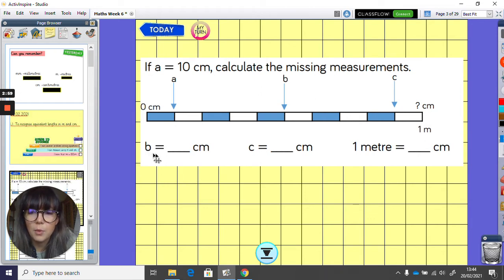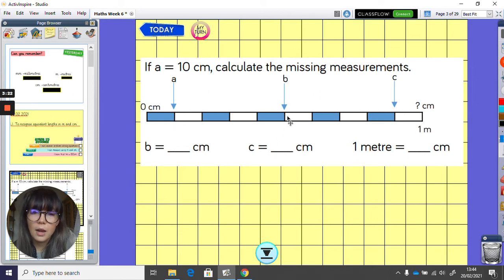So you've got to work out what B is, how many centimetres, what C is, how many centimetres, and then how many centimetres in 1 metre. So A is 10 centimetres, so that little bar is equal to 10 centimetres. We know that, don't we?